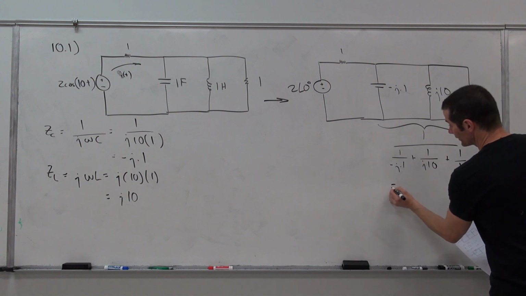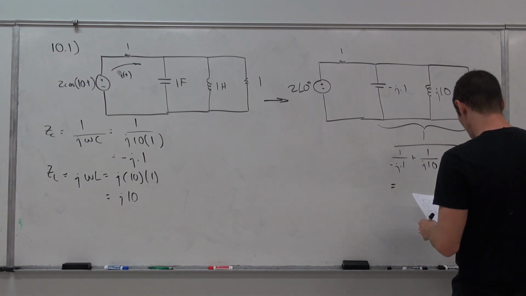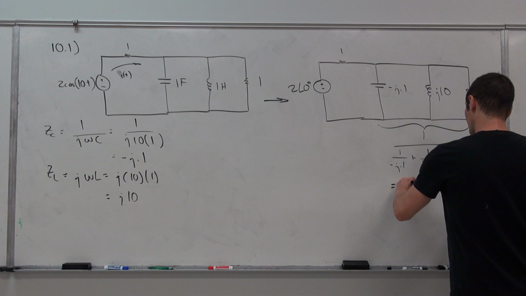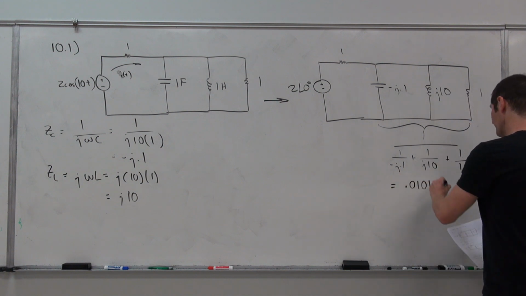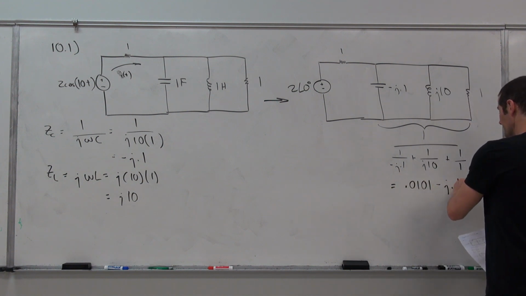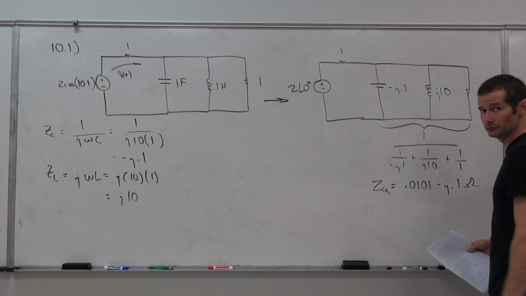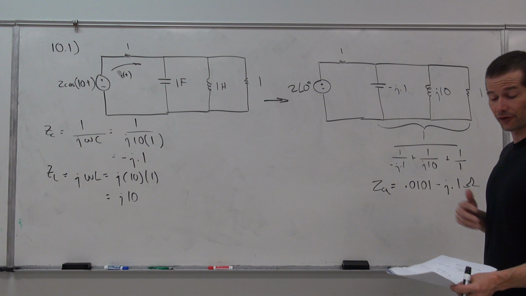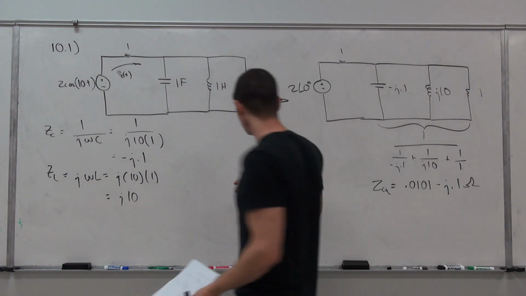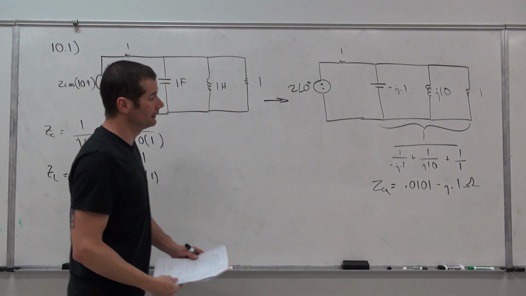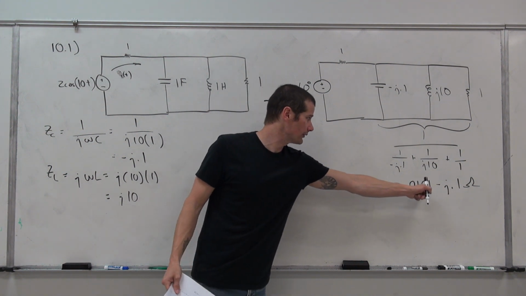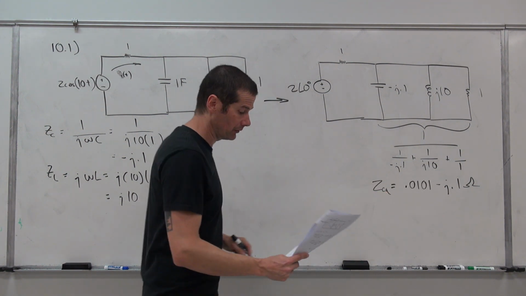And that gives us an equivalent impedance value of 0.0101 minus j0.1 ohms, or ZEQ. So now that gives us a single series loop in which we have 1 plus 0.0101 minus j0.1.